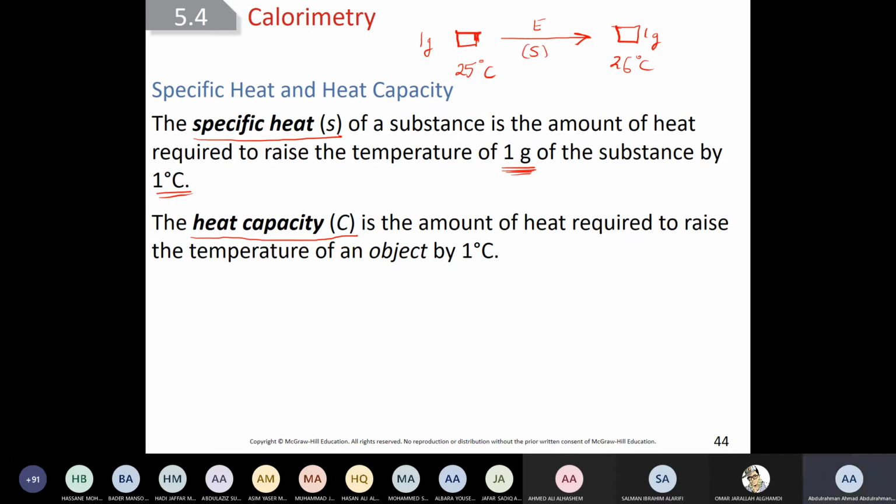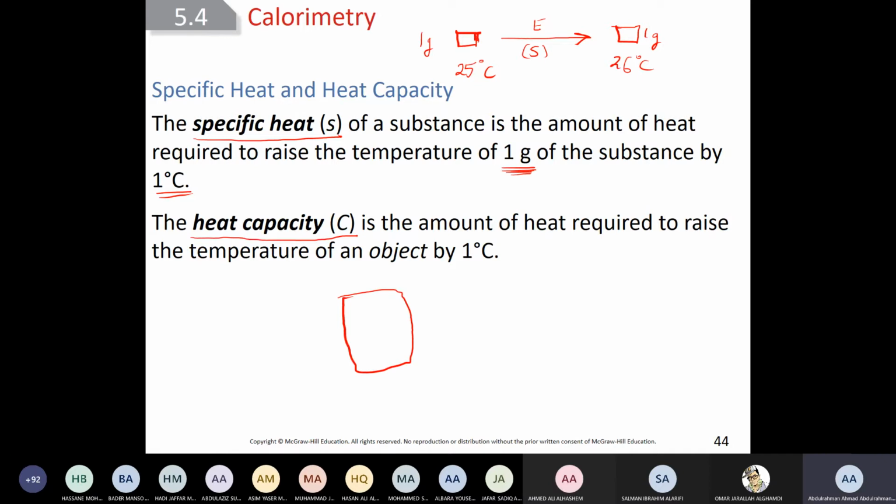Is this clear? Okay. The heat capacity is exactly the same, but it's not for 1 gram, it's for anything. So if we have any object, I don't know what's the mass, I don't care about the mass.